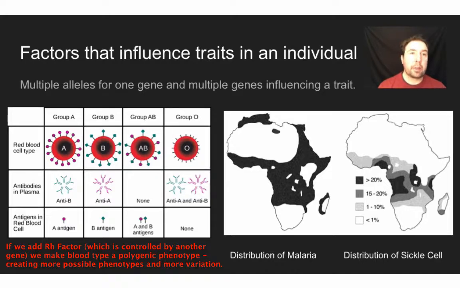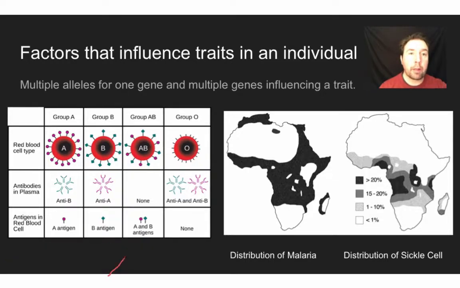So in addition to the fact that you might have type A blood, you could have a separate gene that would dictate whether or not you have an Rh protein present or not. As a result, rather than just seeing 1 or 2 predominant phenotypes, you end up seeing a range of phenotypes in the population, and those graphs tend to look more like a bell curve, and you end up seeing broader variation within the population. So that's one factor that influences the distribution of traits.